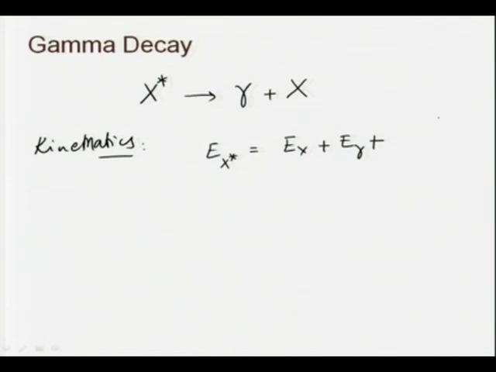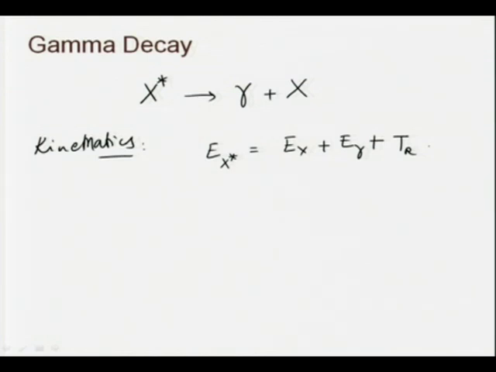When the photon is emitted, you will also have the recoil kinetic energy for the resultant product nucleus. Let us denote that by T recoil, T r, the kinetic energy corresponding to that.